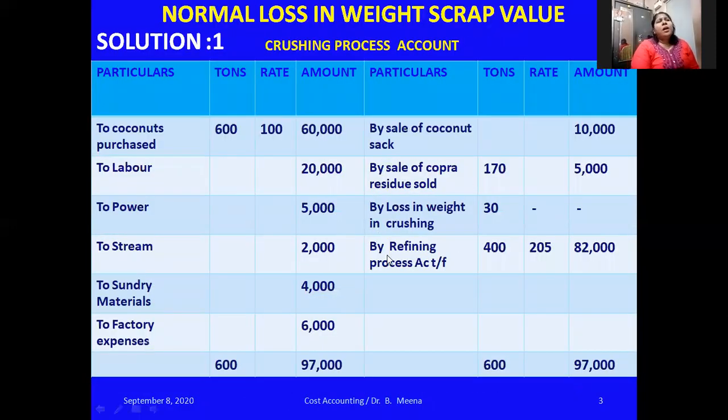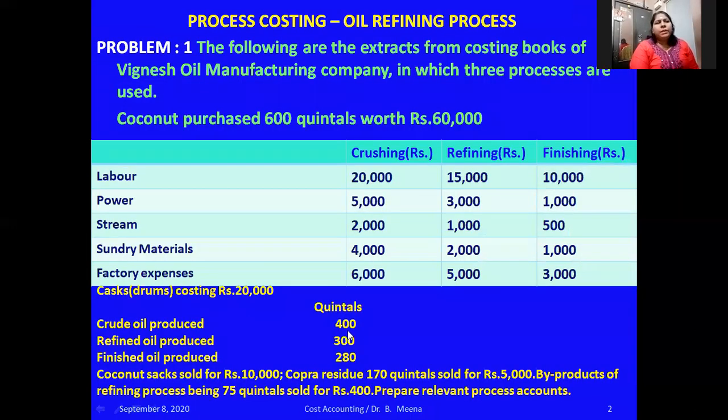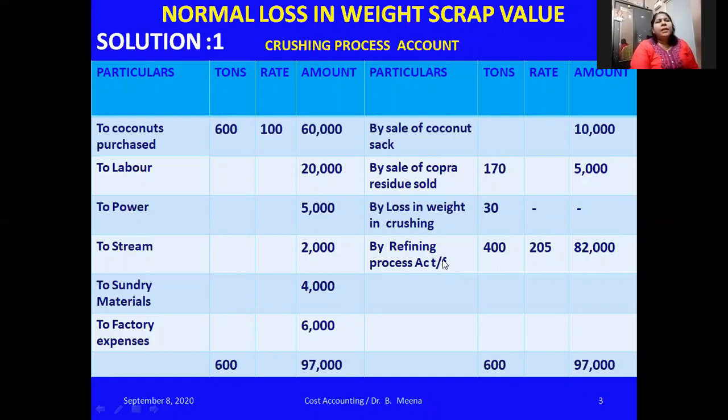So I wrote "by refining process account transfer" over here, because whatever output we are getting is the crude oil, right? How many quintals did they mention in the problem? 400 only. We knew the output in quantity only. That is given in the problem. This crude oil will become an input for the refining process.